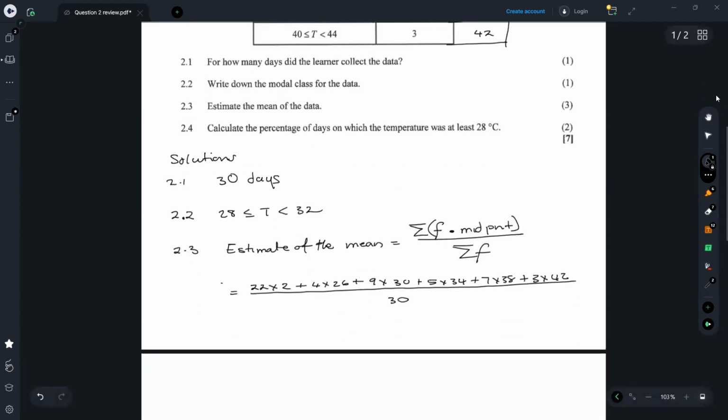And now you can quickly punch this into the calculator and we can see what we are going to get there.